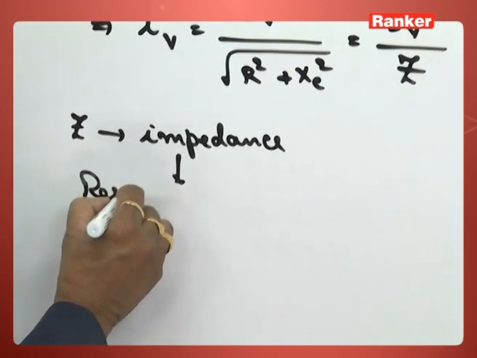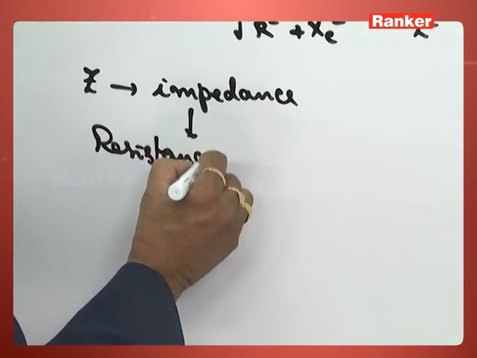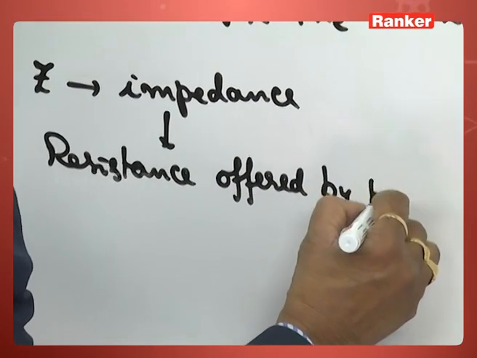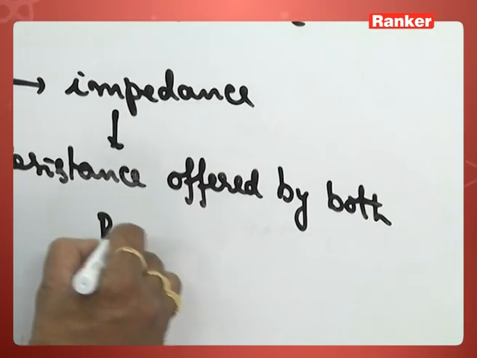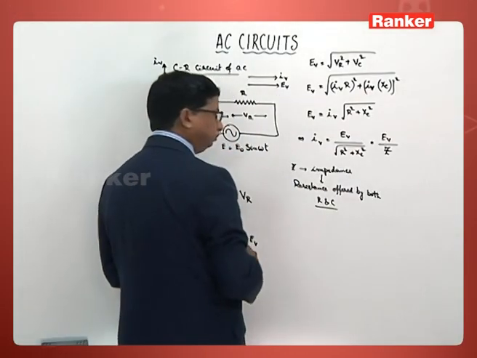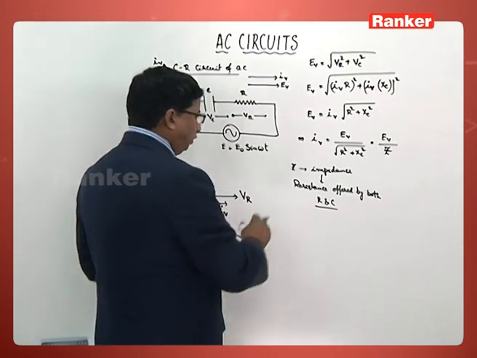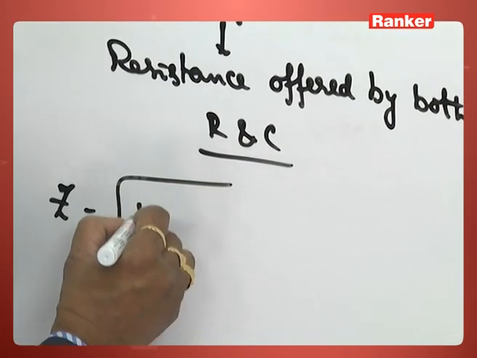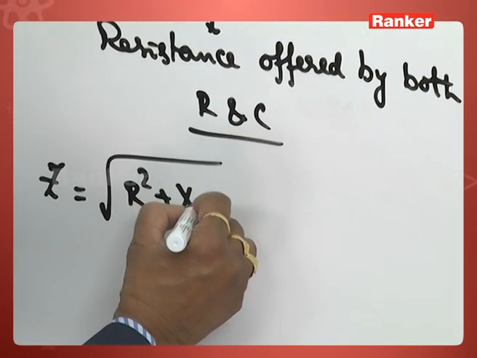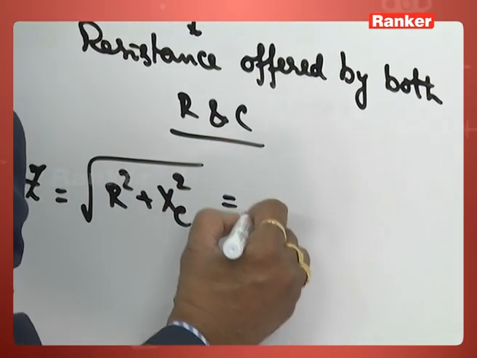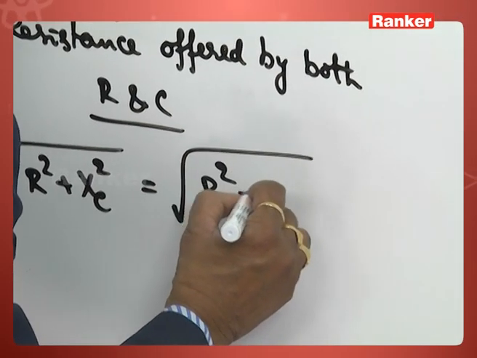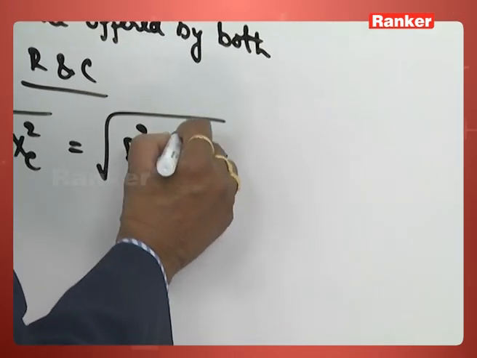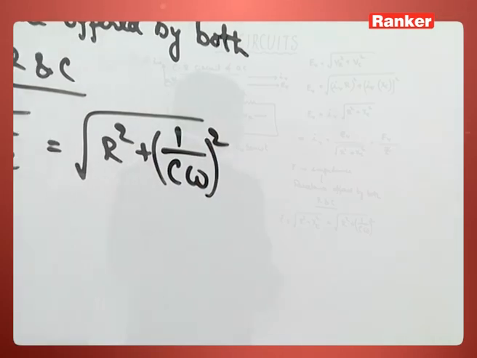What is the impedance in this particular circuit? It is the resistance offered by both resistor and capacitor. This impedance can be rewritten this way: it is root over R square plus XC square. In other words, root over R square plus, XC is 1 by C omega, that much square.